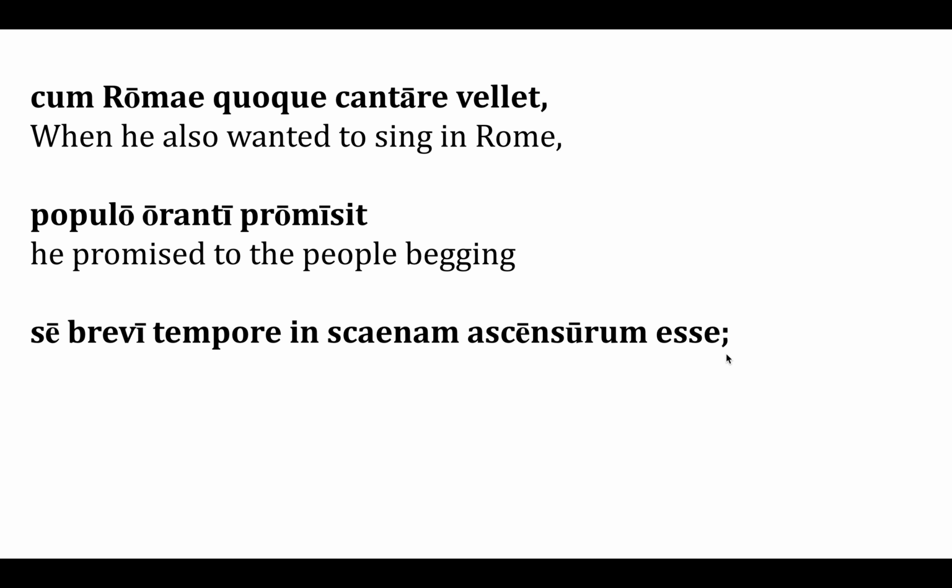And this is a future infinitive, which you can recognize from the letters ur in it. So ascensum would be the perfect participle, but here you have the ur from the word future. The English word future has the ur there as well. So urus, ura, urum, that's a future ending. Ascensurum esse. So he promised that he would climb or would go up.